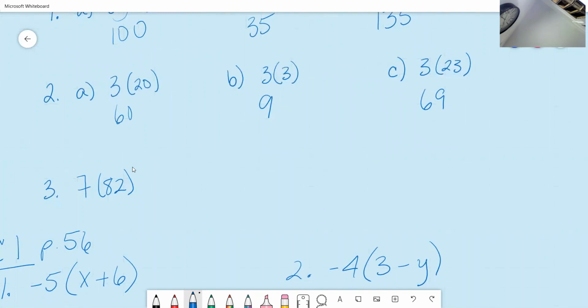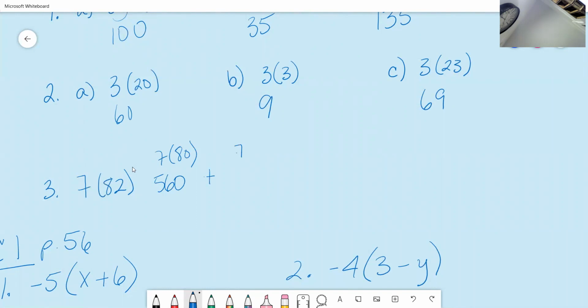Okay, so let's do it here with 7 times 82. Well, we know that 7 times 8 is going to be 56. So you have to have your multiplication tables memorized. Okay, 7 times 8 is 56. And so you throw a 0 on there, then you know that 560 is 7 times 80.